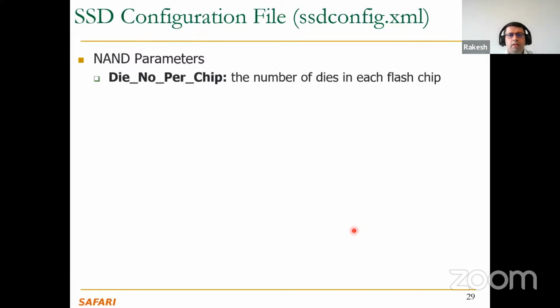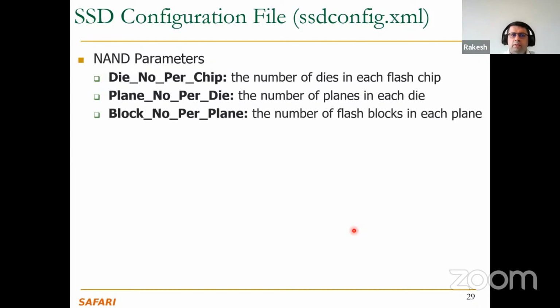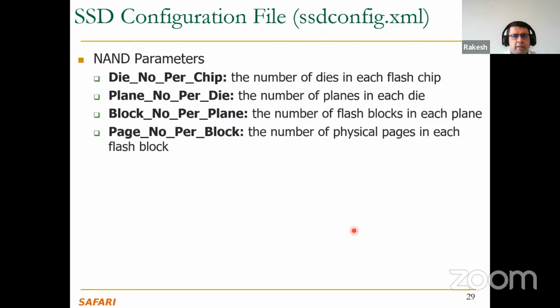So some more parameters related to the NAND. We also have die number per chip and plane number per die. We usually have multiple dies in a chip, and inside each die we have multiple planes, and we can also define how many blocks there are per plane and how many pages there are per block.